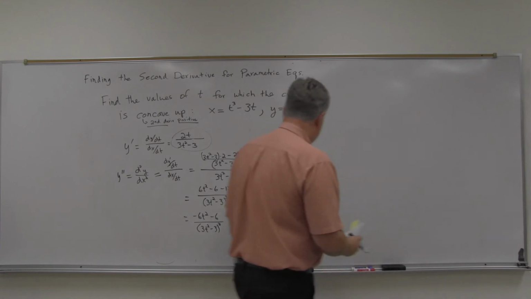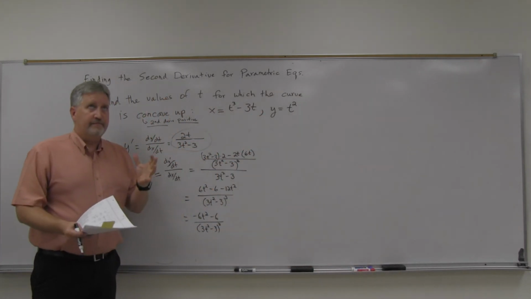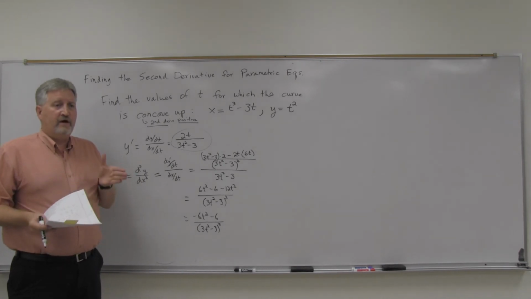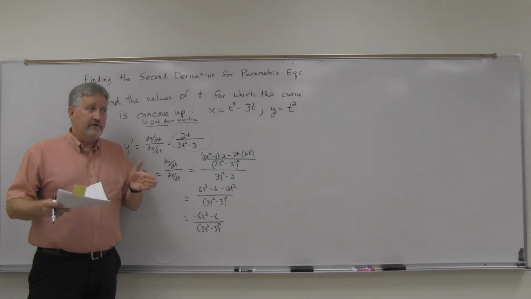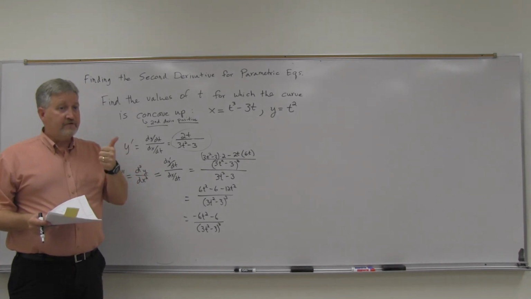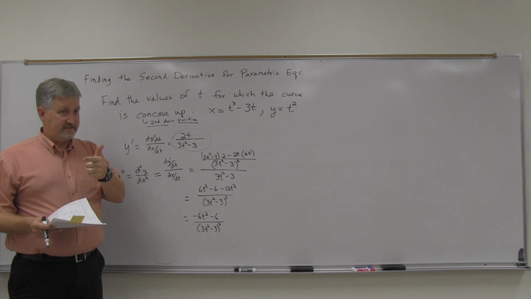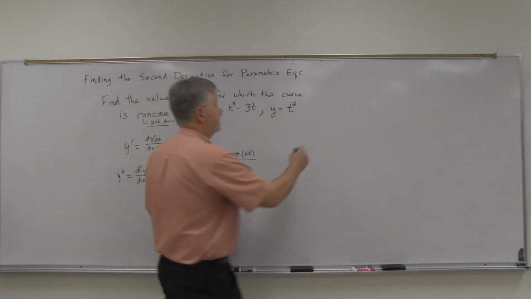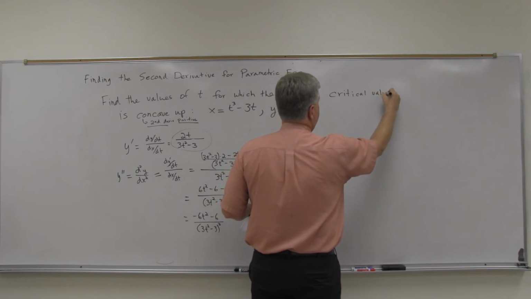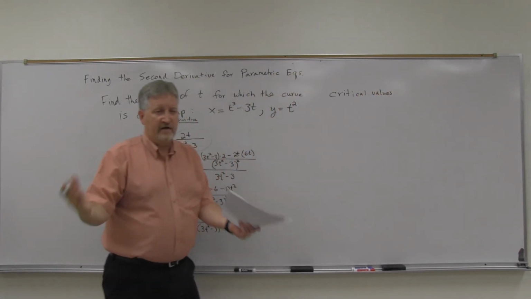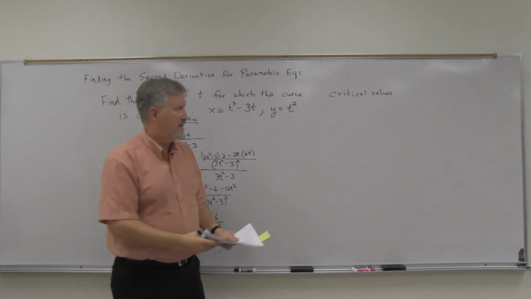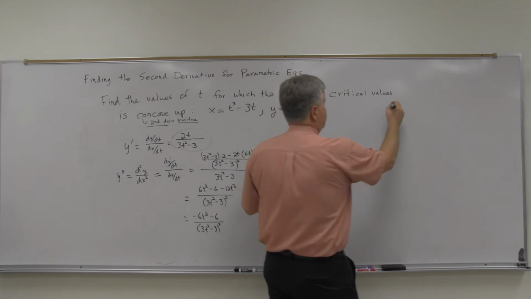Where the concavity changes, since we're talking about the second derivative, are at those critical numbers, where it equals 0 or does not exist. Remember that the critical values are where things change from concave up to concave down, or something happens there. It may not change concavity, but the critical values tell you that.